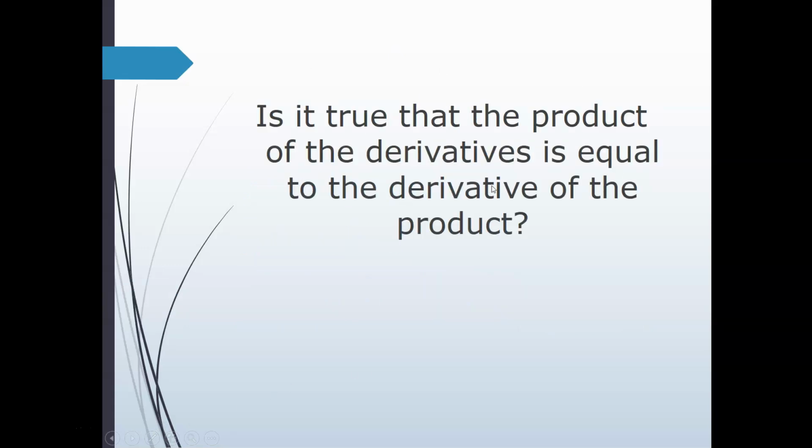So we want to determine if this statement is true. Is the product of the derivatives equal to the derivative of the product? The product of the derivatives would look like f prime x times g prime x.